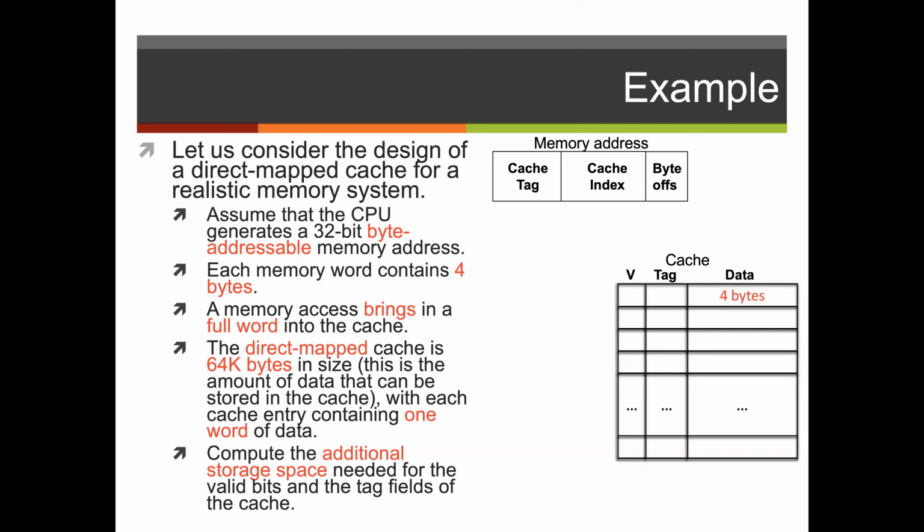A memory access brings in a full word into the cache, and the direct map cache is 64 kilobytes in size, with each cache entry containing 1 word of data. And we want to compute the additional storage space needed for the valid bits and the tag fields of the cache. So we want to consider with real data, 64K divided by 4 is going to be equal to 2 to the 14th rows in the cache.